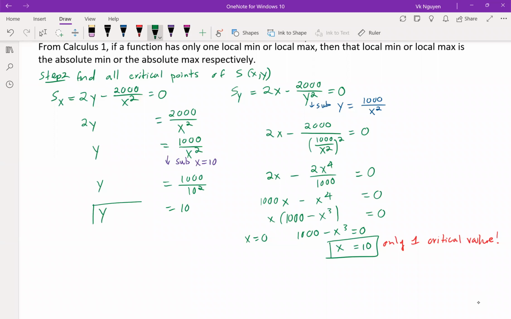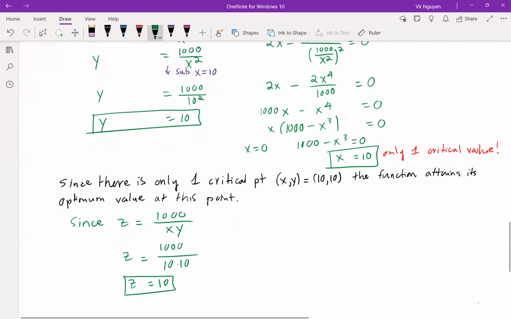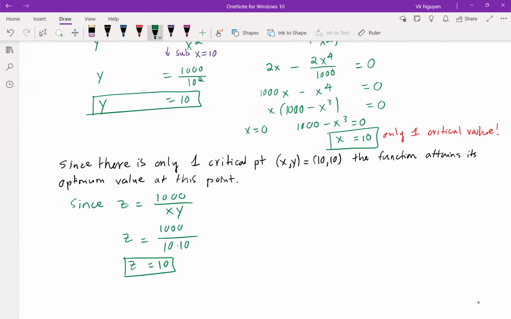So we have x equals 10, y equals 10, figure out z. Thus the dimension is 10 by 10 by 10.